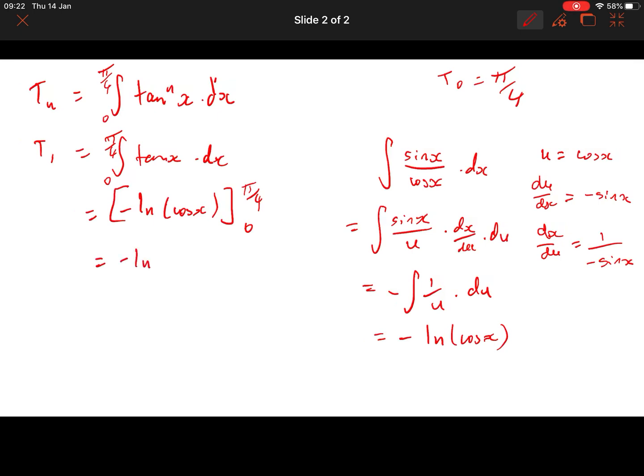Okay, so then it's going to be minus log of cosine of pi over 4 minus minus log of cosine of 0. Now, cosine of 0 is 1, log of 1 is nothing, so that will disappear.